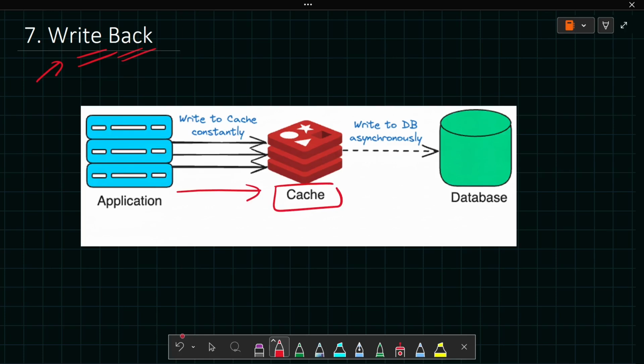Asynchronously means first it is written to the cache, and then after a certain period of time, the data is written to the database. The database is updated after a period of time, like we are refreshing it. This strategy focuses on minimizing the write latency. So we are actually reducing the write latency.